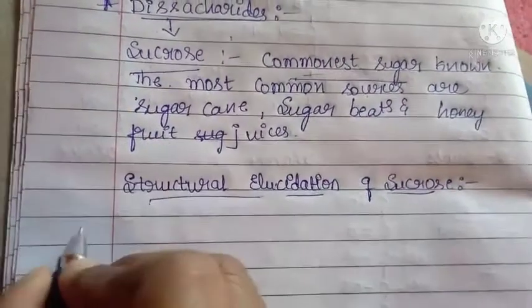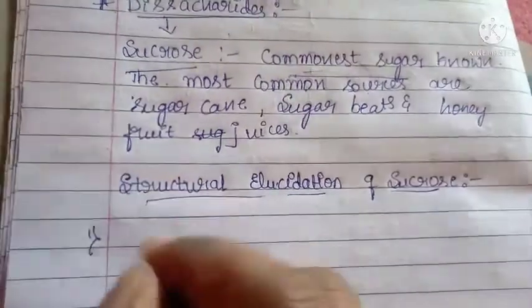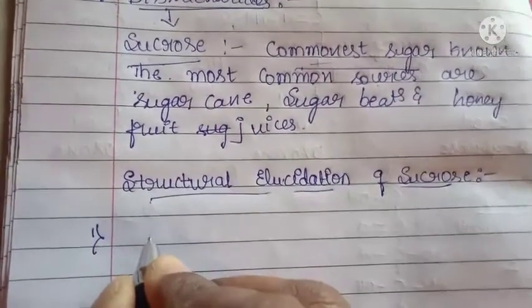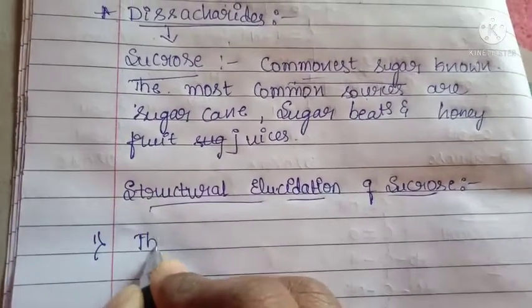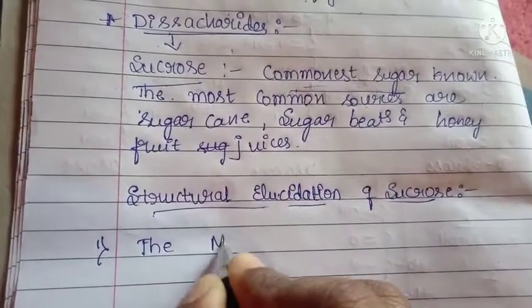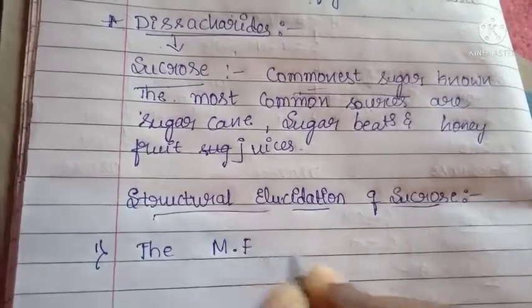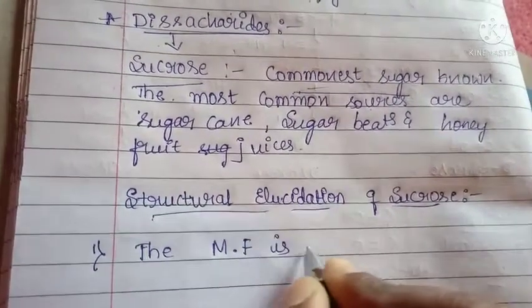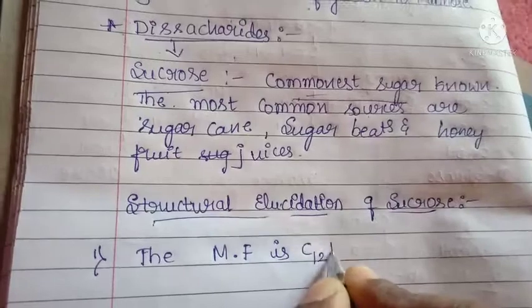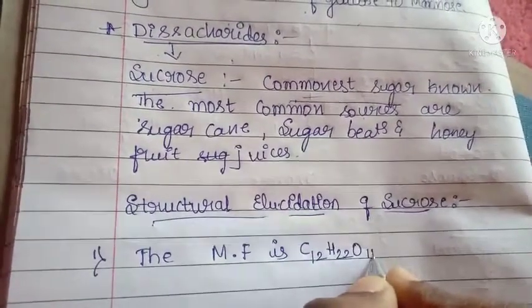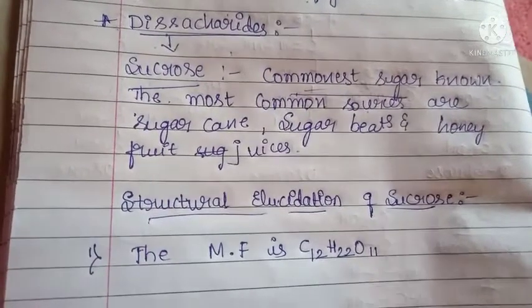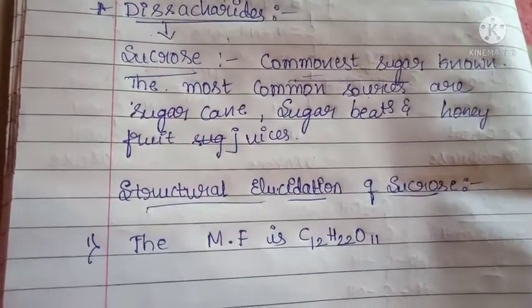The first one is the molecular formula. In the structural elucidation we know the molecular formula. The molecular formula is C12H22O11. Okay, this is the molecular formula of sucrose.